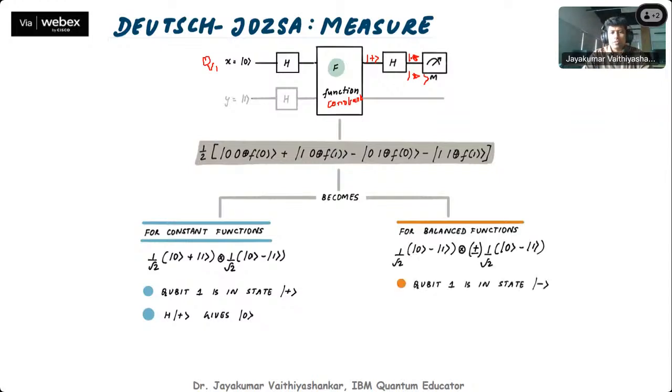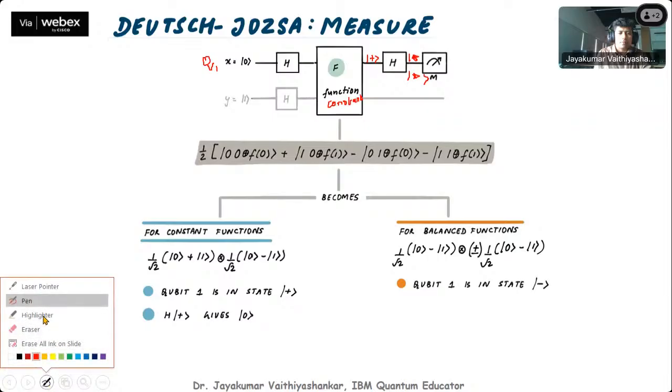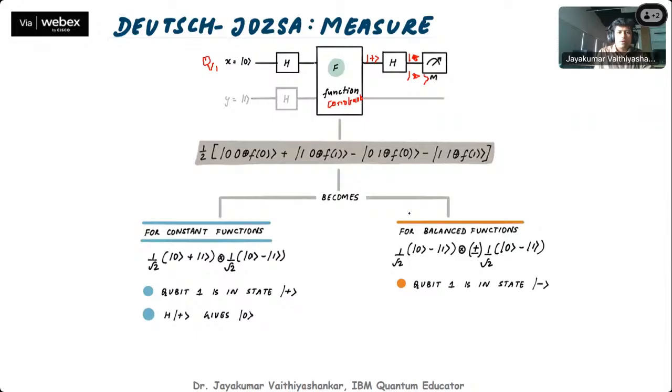Then what you are doing is for the balanced function. Suppose your function is balanced, then what will this function produce? It will produce the minus state.